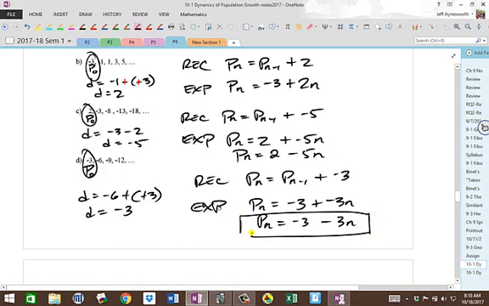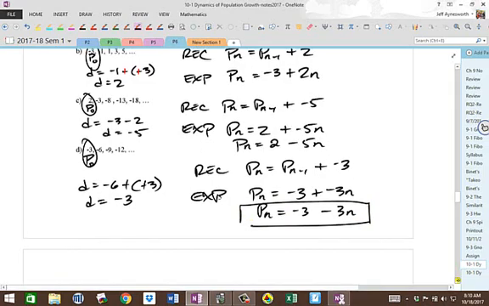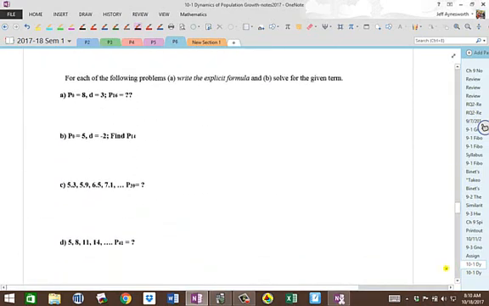Okay, the next thing you want to do is learn how to predict the future. On the next page here, we do that. We first write the explicit formula, because that's what predicts the future. That's step 1. And then step 2, we want to solve for the given term.